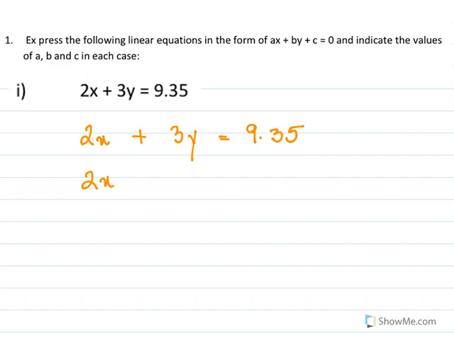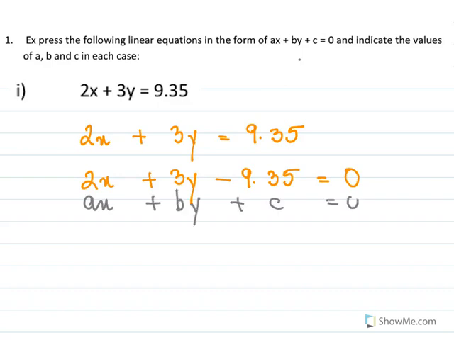I'll rearrange it. 2x plus 3y, this I will take on the other side, so it becomes minus 9.35 equal to 0. Now I'm going to compare it with the standard equation. This is a standard equation, which is ax plus by plus c equal to 0.